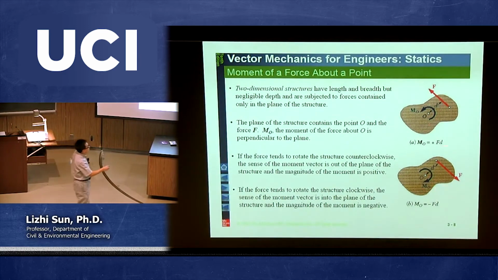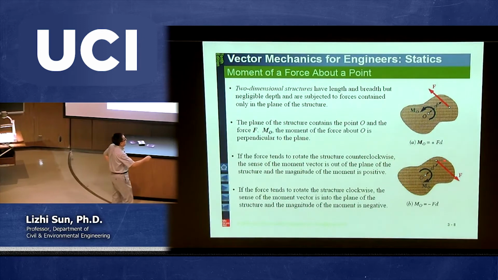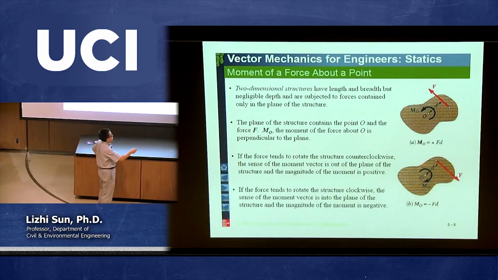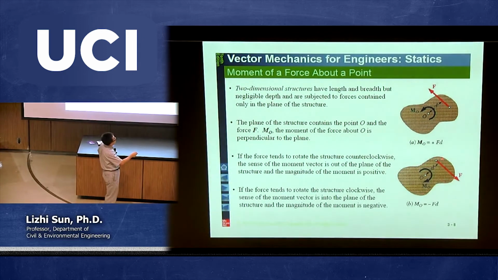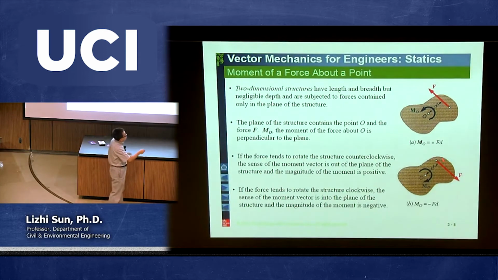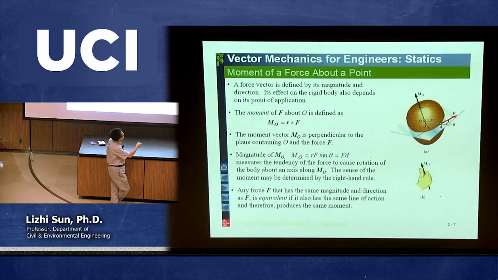You may say, well, how about another scenario? Again, we are having a two-dimensional thin plate, for example, and there is a force acting on this point. Now, what is the moment of this force about another point O? Same thing. Number one, we need to figure out the magnitude of this moment, which is F times d. Same thing, because every time we use this F times d in two-dimensional problems.